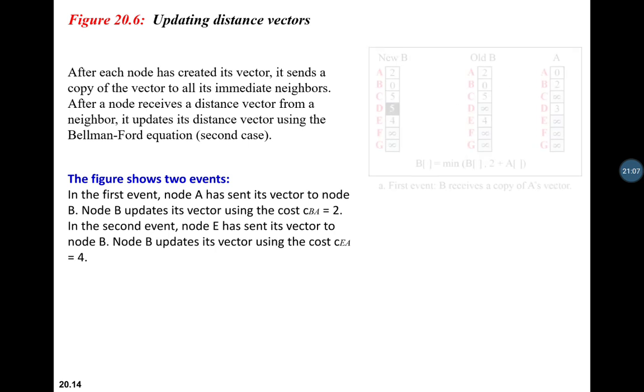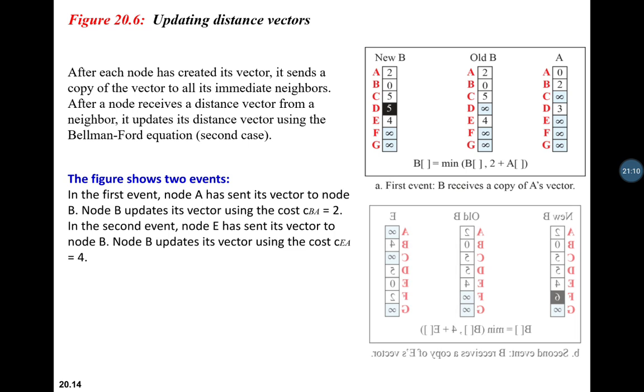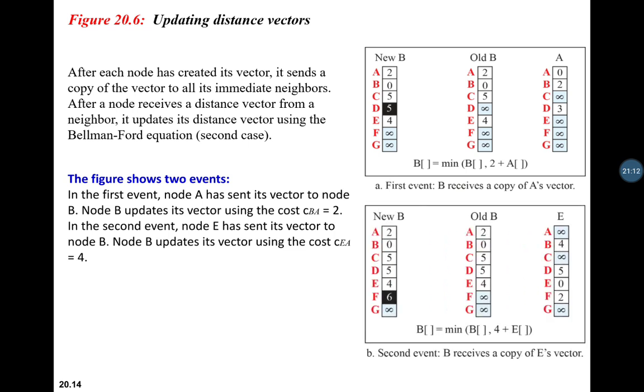Next is updating the distance vectors. In the figure there are two events shown. Those are asynchronous events. The vectors are updated asynchronously when the corresponding node has booted. So there are two asynchronous events happening one after the other with some time in between.